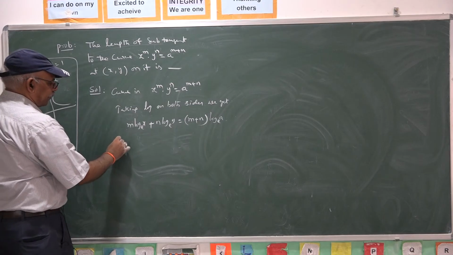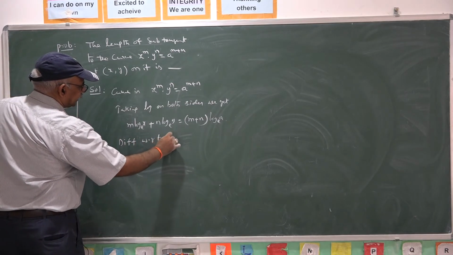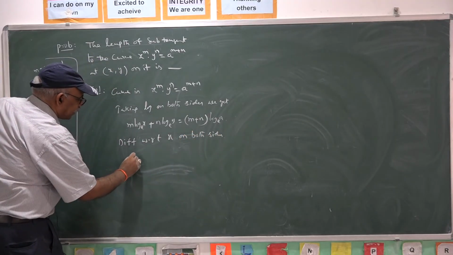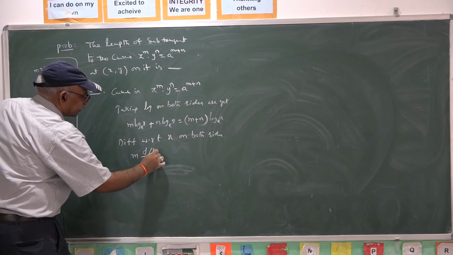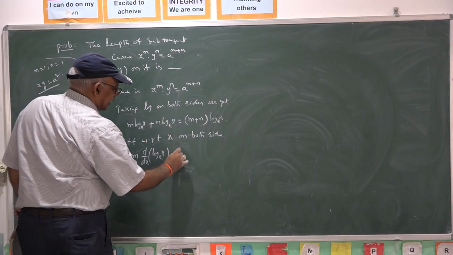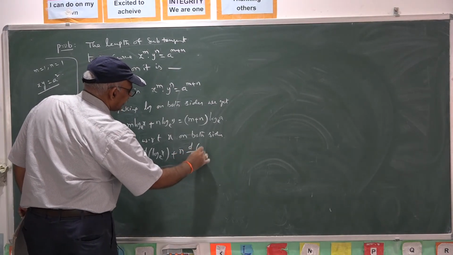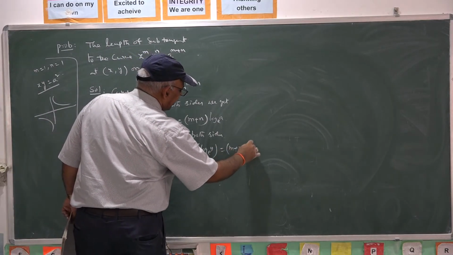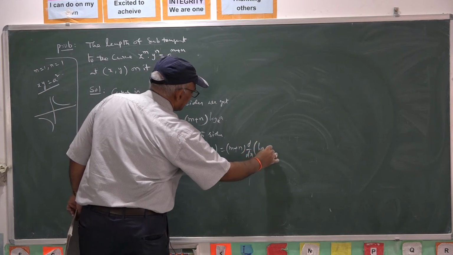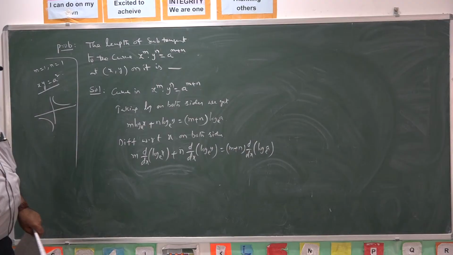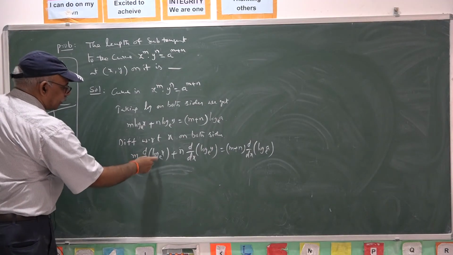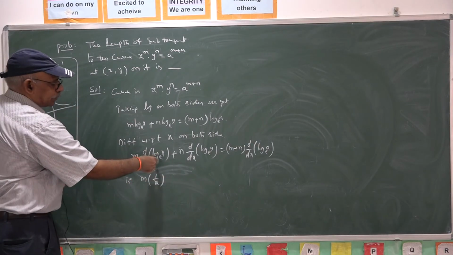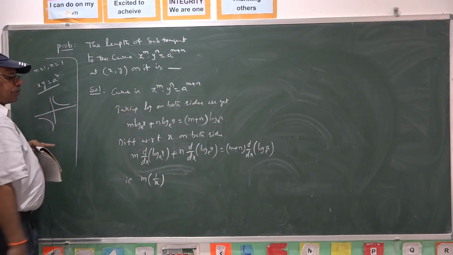Now, differentiating with respect to x on both sides, m into d by dx of log x to the base e, plus n into d by dx of log y to the base e, equal to m plus n into d by dx of log a, the constant, to the base e. d by dx of log x is 1 by x, because this is a function of x and you are taking the derivative with respect to x itself.